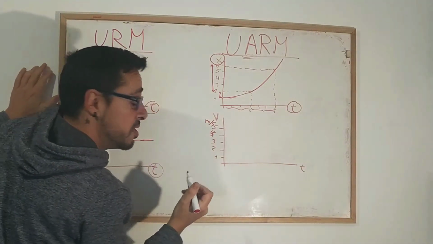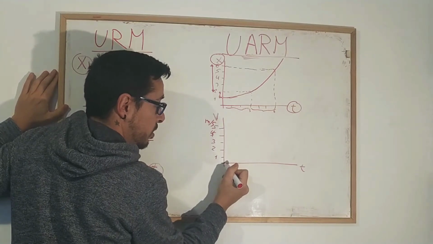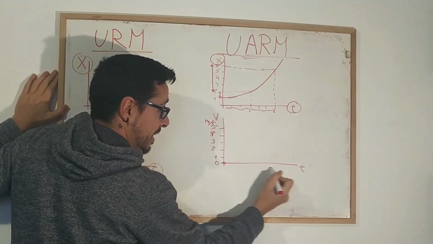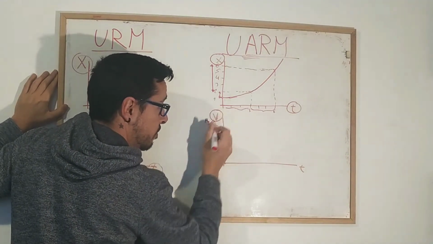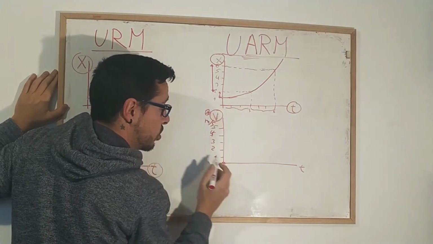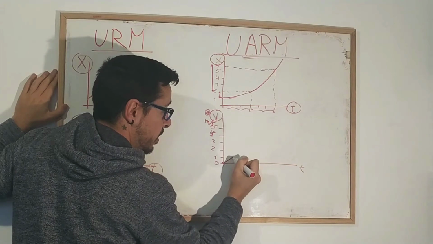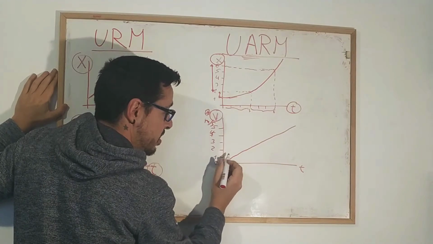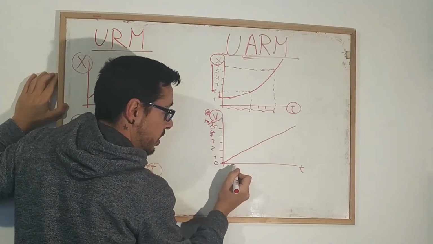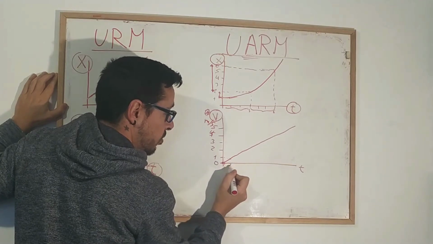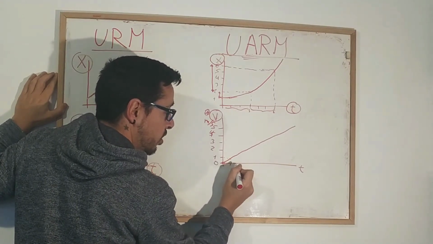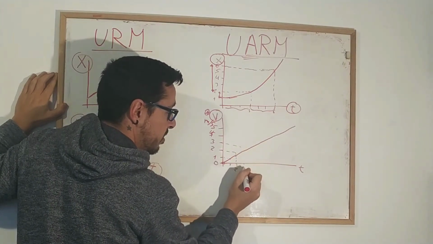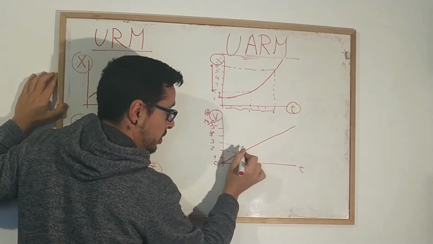So if the object starts when it's stopped, the velocity or speed is going to be 0. And as the time goes by, velocity is going to increase on a regular basis. The increasing is uniform. In the first second, it increased 1 meter per second. In the second second, it increased 2 meters per second. It increases on a regular basis.